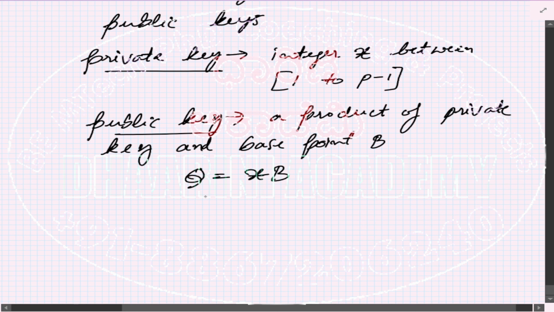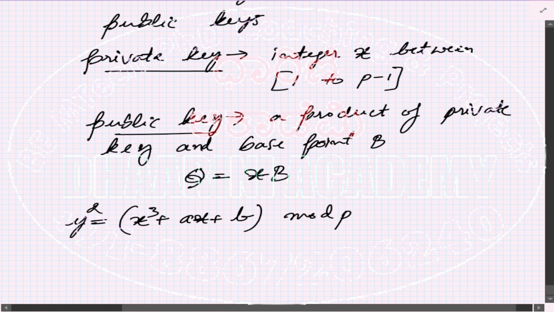So overall, mathematically, we can write. When the process begins, you are going to use y square is equal to x cube plus ax plus b with known values of a and b, but this is a mod p operation always.